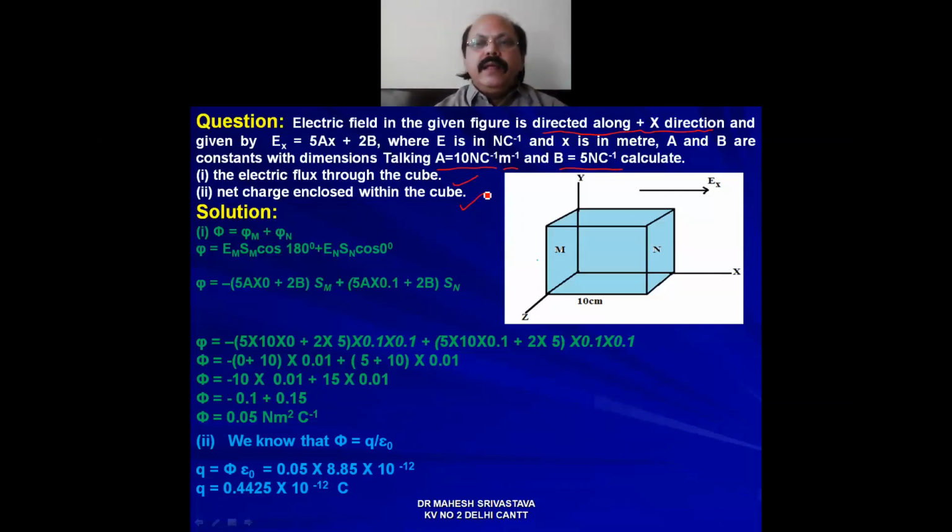In the Y and Z directions, there is no electric field, so no electric flux. Now we have to concentrate along the positive X direction, in which the electric field is applied.